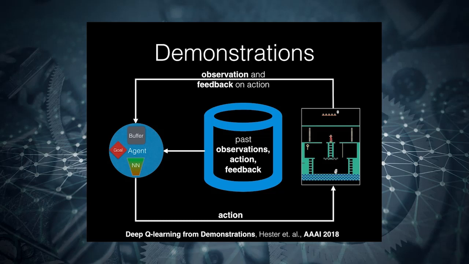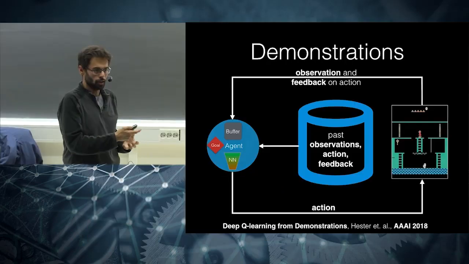It would have some level of performance, and it would keep learning from that point onwards. This is some work that came out last year but was published this year: Deep Q-learning from demonstrations. Essentially, it is a DQN, but with additional loss functions, which allow the neural network to also take into account old data.